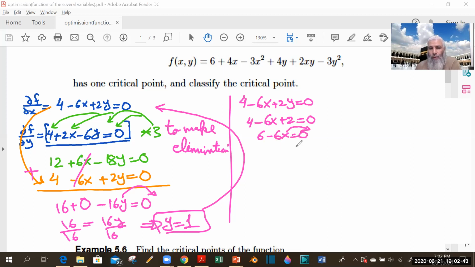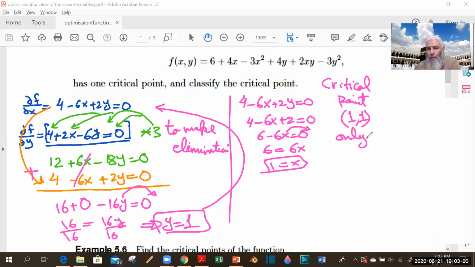We take this to the other side, 6x equals 6, so x equals 1. So our critical point is (1, 1). Only one critical point because we have only one x and one y.